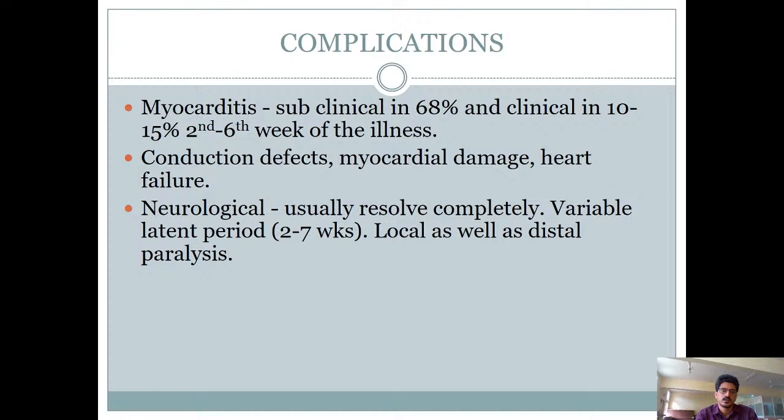Because of the toxin there can be conduction defects, myocardial damage, and heart failure. Neurological complications usually resolve completely, but in variable cases, after a latent period, they can have post-diphtheritic complications like palsies and other things.